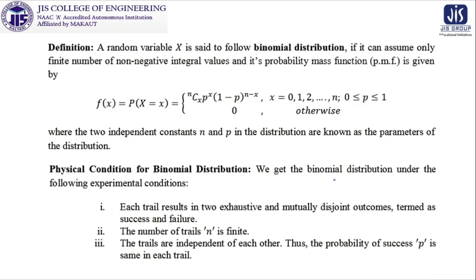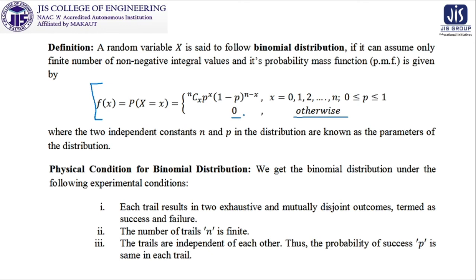So when we are summing up this discussion midway, we get the definition of the binomial distribution. We have already done this, but it is a formal way of representing it: f(x), that means the probability mass function, will be nCx p to the power x (1 minus p) whole to the power n minus x for x equal to 0 to n, and in all other cases it is 0.